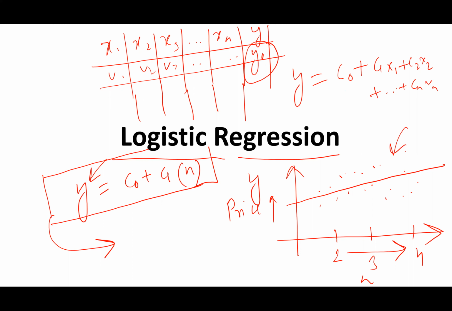We can extend the same concept into multiple dimensions, fitting a straight line in multiple directions. Multiple dimensions means I can study the dependence of the price of the house on multiple features, like the number of rooms, the square feet of the house, or which city the house is in. So I can map a straight line which passes through all these different dimensions, like length, breadth, height. We have multiple dimensions in the case of data.